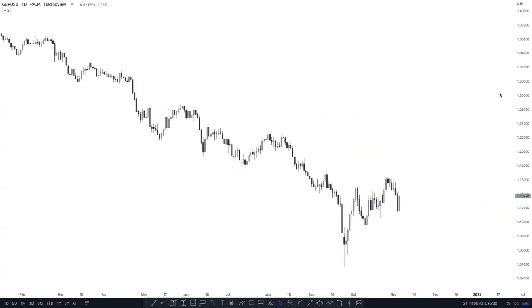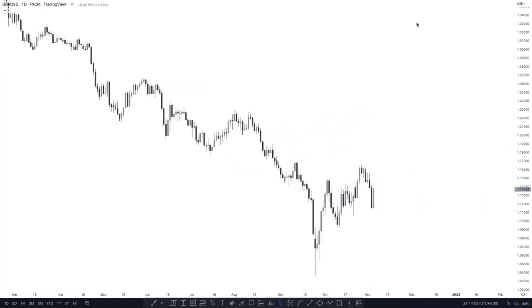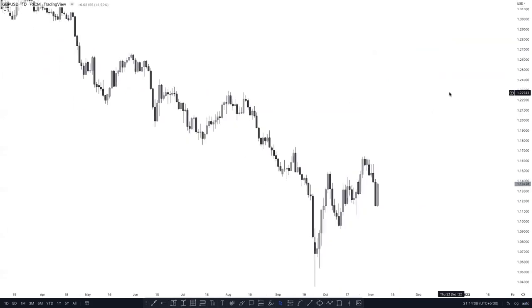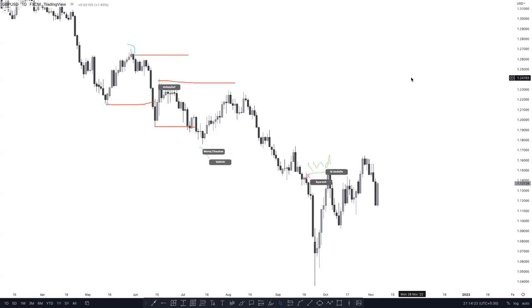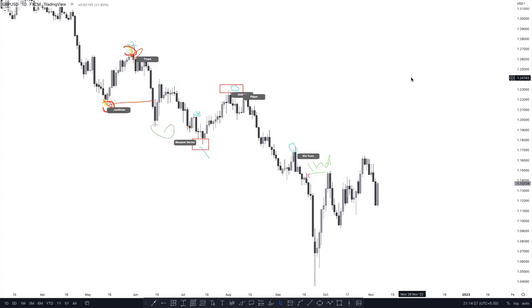All right, so this one is our daily time frame structure in GBP USD. So everyone mark here a valid lower low and lower high. Only mark the valid lower low and lower high.